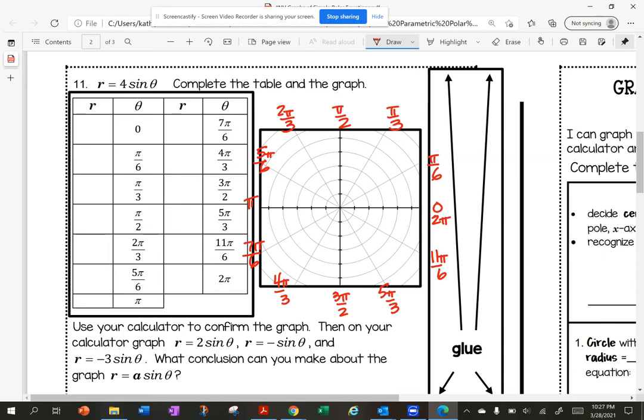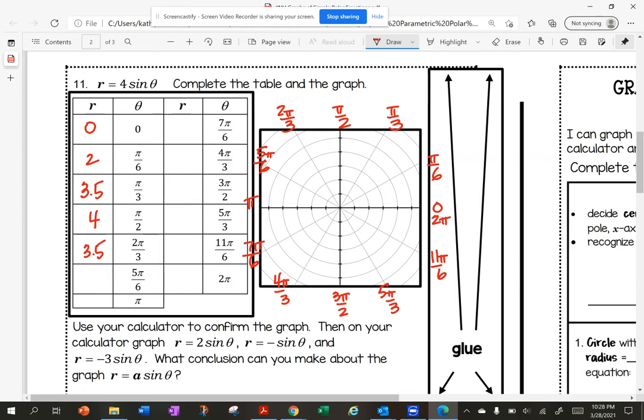So at each angle, I'm going to say 4 times that. 4 times the sine of 0 is 0. 4 times the sine of pi over 6 is 2. 4 times the sine of pi over 3, again rounding to 1 decimal place, is 3.5. 4 times the sine of pi over 2 is 4.